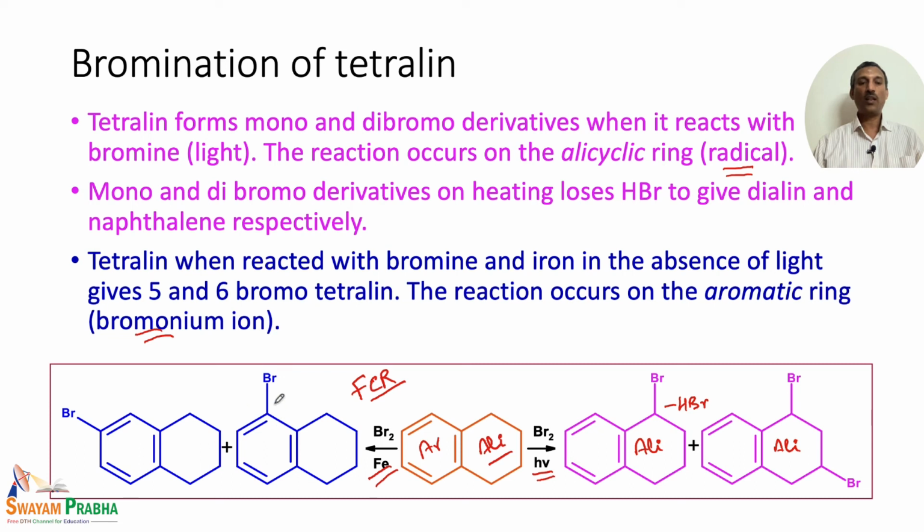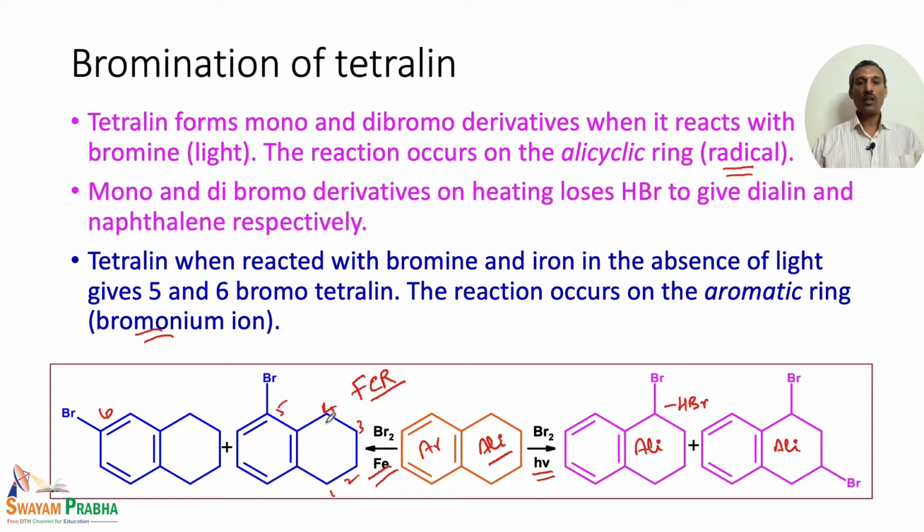And here again, if you look at the products that are formed, the numbering starts from here. So if you put 1, 2, 3, 4, and this is number 5, and this will be number 6. So 5 or 6, because when we number, we have to give the lowest number. You are already aware of how to give the lowest number.